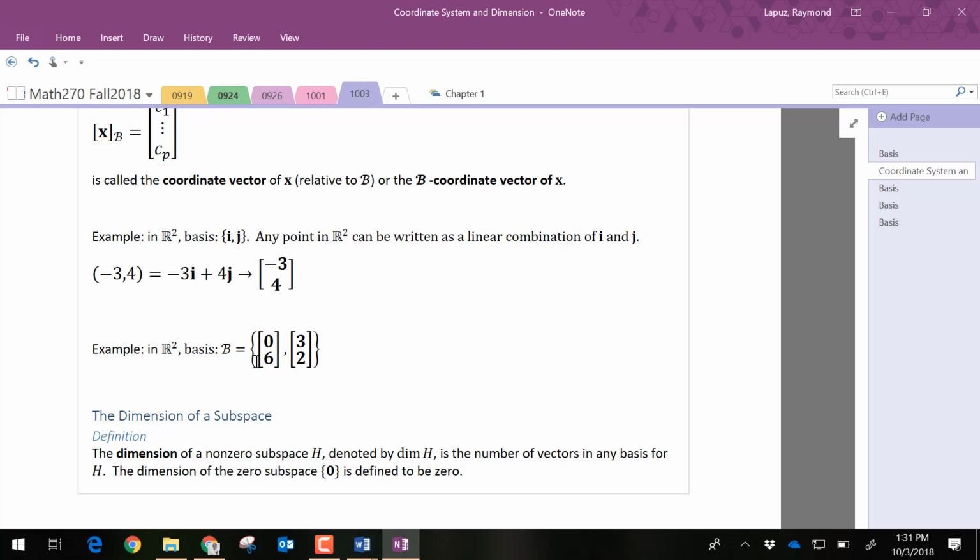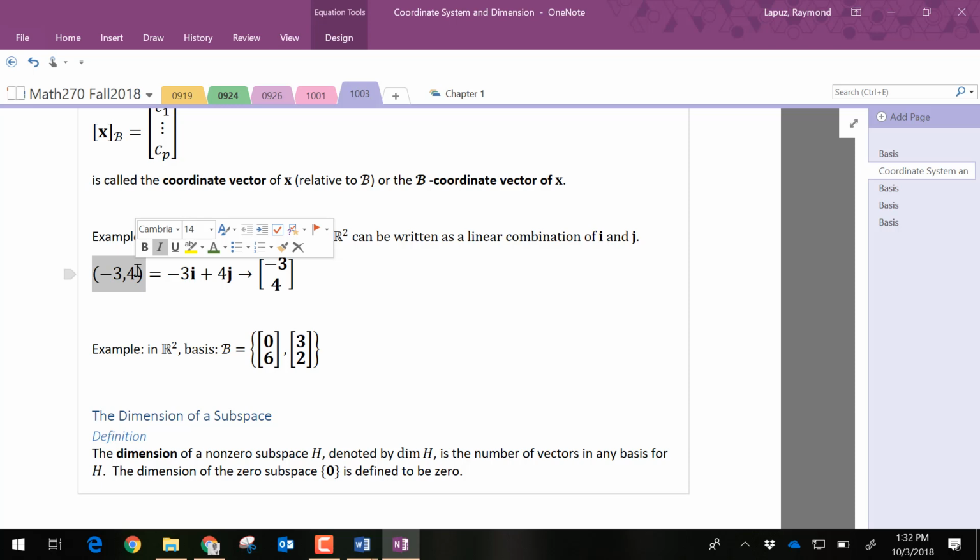Are we good so far? If we did this right, and by right, I mean the only thing we need to check is that they're linearly independent, because there's two of them, and we know that R2 is a two-dimensional space, then every single point in R2 can be written as a linear combination of these two vectors, correct?